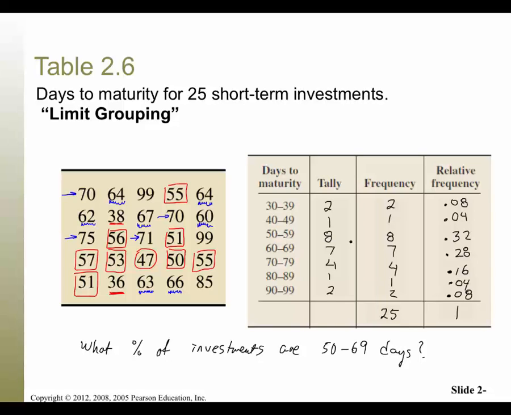So you look at those two, right? You look at 0.32 for 50 to 59, and 0.28 for 60 to 69. So this would be 60%. Okay.